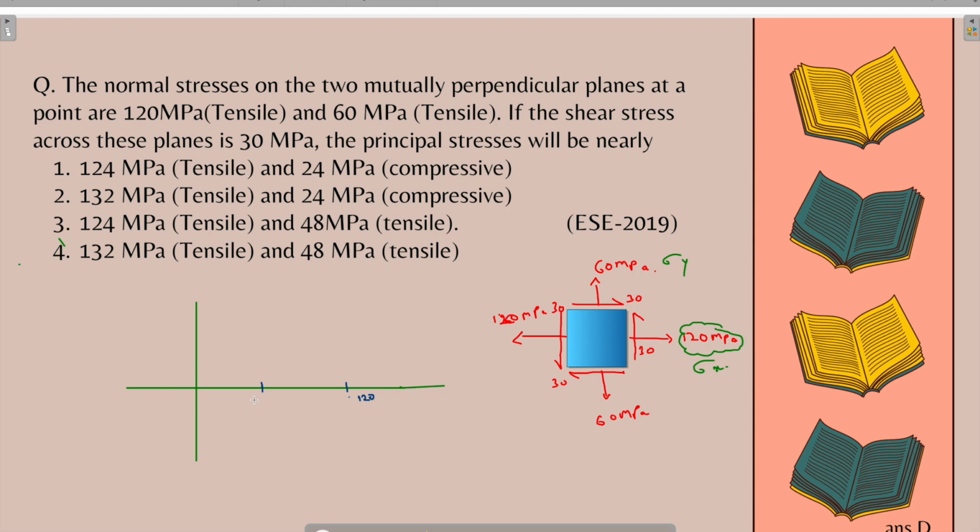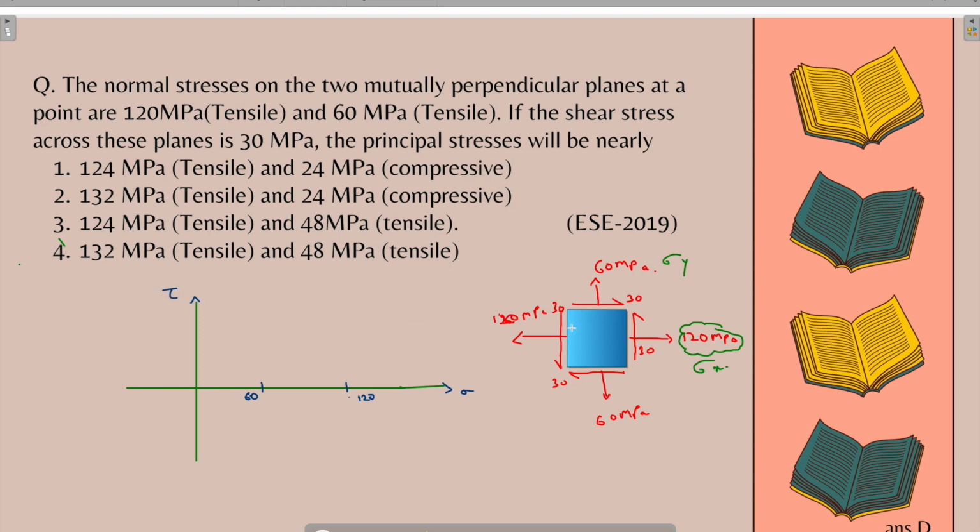I have already told you that we'll follow the sign convention: tensile stresses are taken to be positive. So 120 MPa is tensile, so it is positive. 60 MPa is tensile, so it is also positive. We'll draw them in the positive sigma direction because they are tensile in nature.